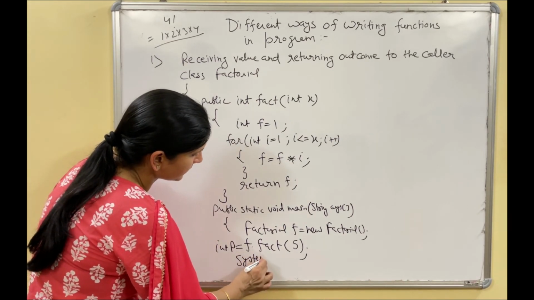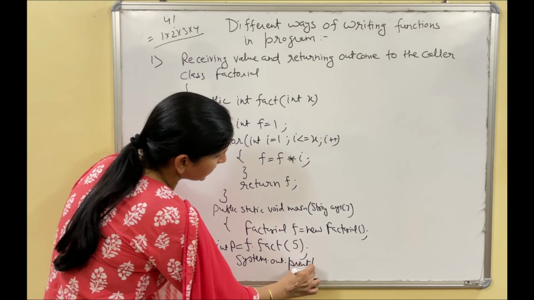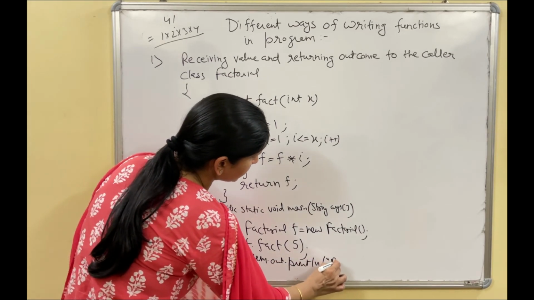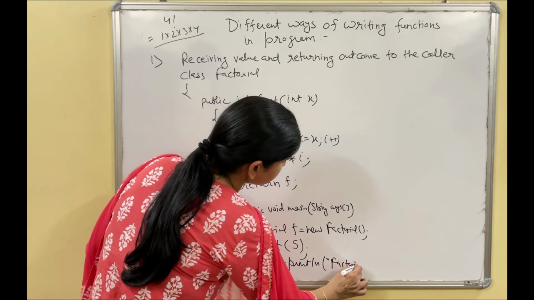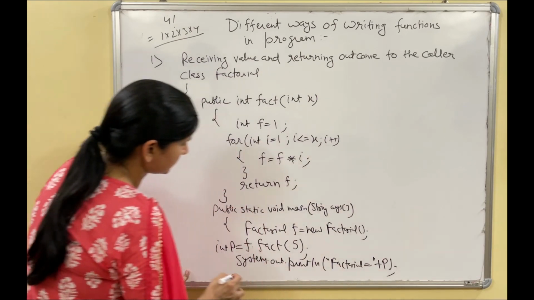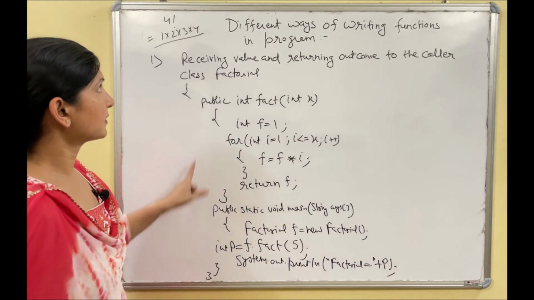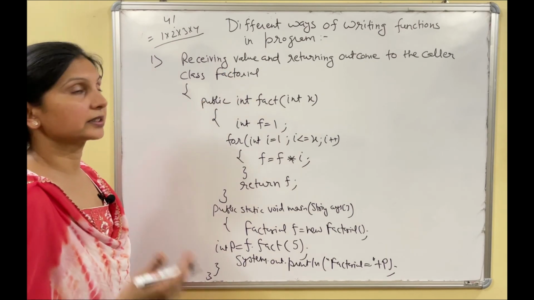System dot out dot println factorial equals to p, main close, class close. So this was the first case, receiving value and returning outcome.